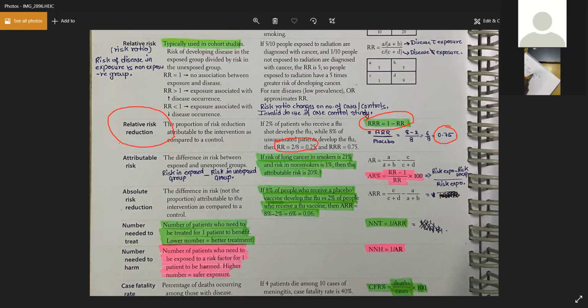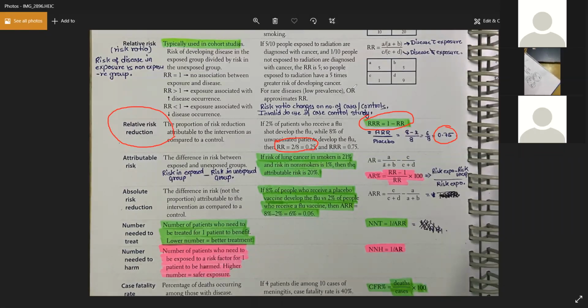I can write this as the risk in the non-exposed group divided by the risk in the non-exposed group, minus the risk in the exposed group divided by the risk in the non-exposed group. Can I write it like that? Yes.